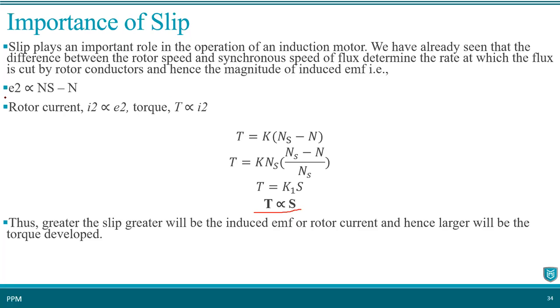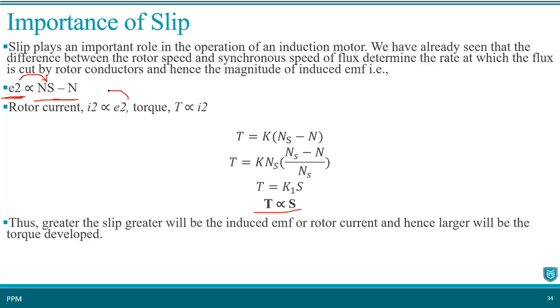The voltage which is produced on the rotor, we are taking it as E2. It depends upon the speed of the stator magnetic field, and the second parameter on which it depends is the speed difference. So ultimately the voltage produced on the rotor depends upon the speed difference.